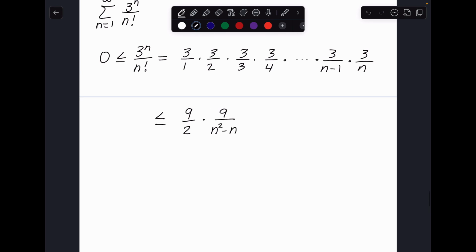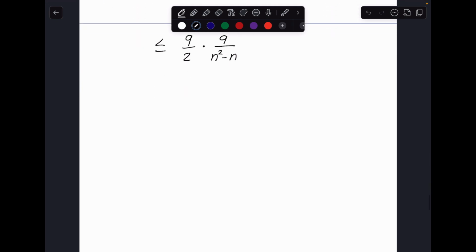Well, I want to show that this guy is convergent when I take the series. So I can use limit comparison test. So let's look at limit as n goes to infinity of 9 halves times 9 over n squared minus n over, I can compare to the series 1 over n squared, which I know is going to be convergent.